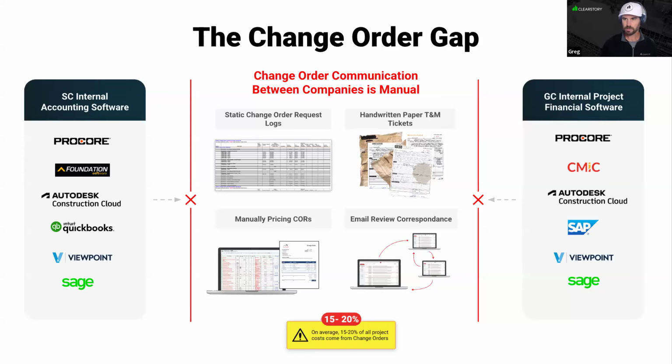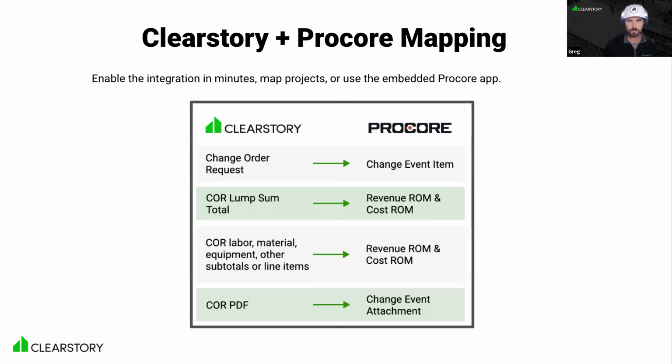Regardless of what internal accounting tool everyone uses, you can use Clearstory to communicate and align on change orders, T&M tags, and pricing requests. Today, we're going to focus on how you can then take that and update your internal forecast through the Procore change event. But regardless of what ERP system or backend financials you use, Clearstory can be used as a tool to communicate and align between parties.